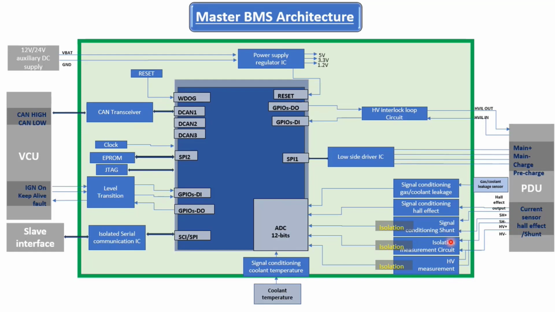These are all isolated signals. If you remember, in the battery management system, everything should use isolated sensors. Otherwise, there will be a common grounding that will affect the low voltage or high voltage system. That is the reason why isolation is required.